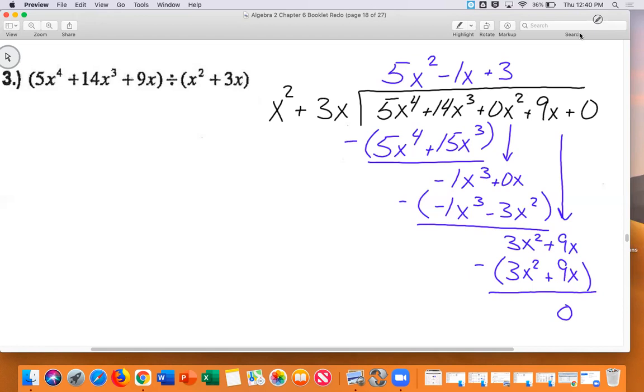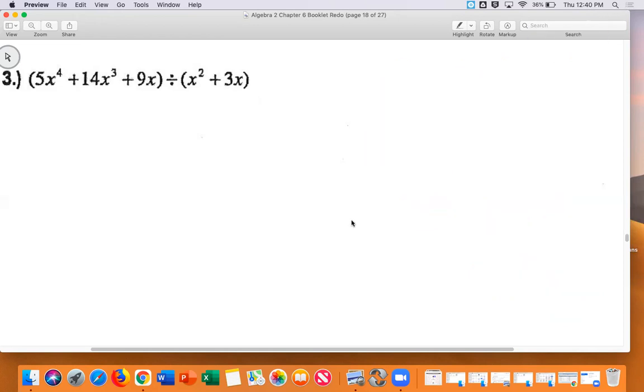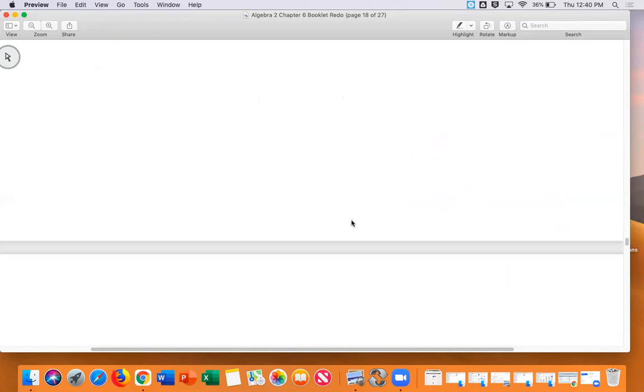Then we have 9 times -3. It's going to be -27. 27 minus 27, 0. So when your remainder is 0, well, that means that it is a factor. Okay. So the other two we did, yeah, we divided them out, but they weren't factors. So that's why we use long division. We use long division to determine factors.